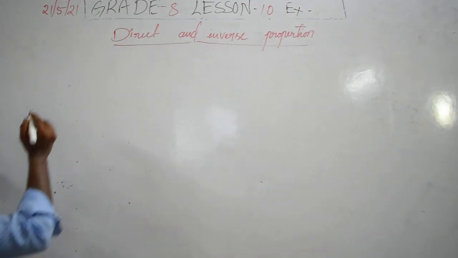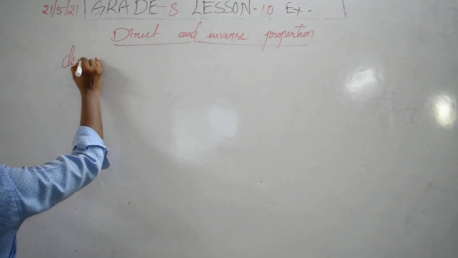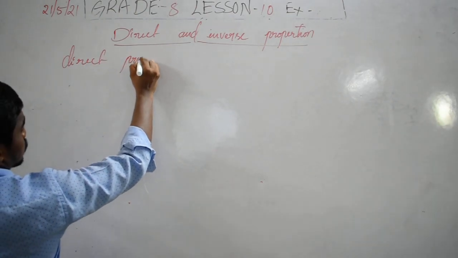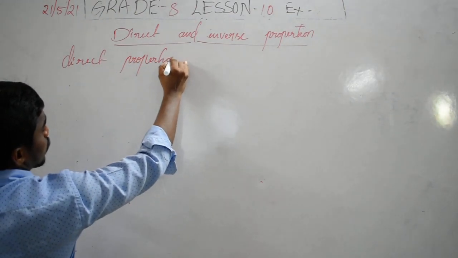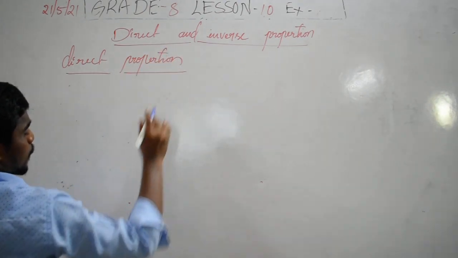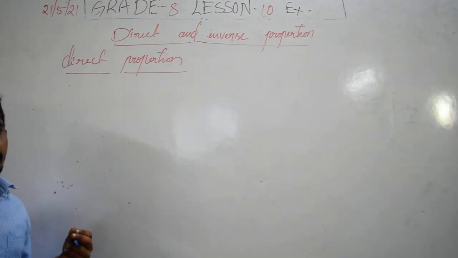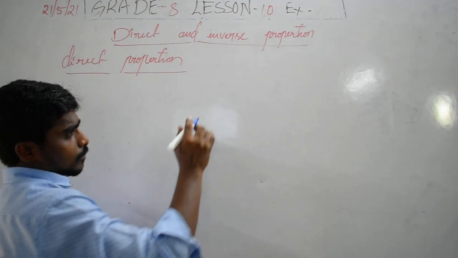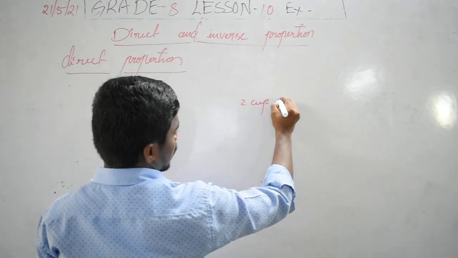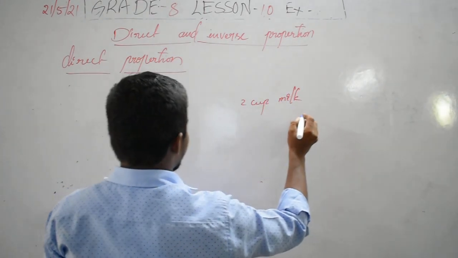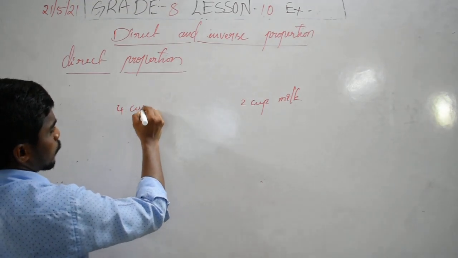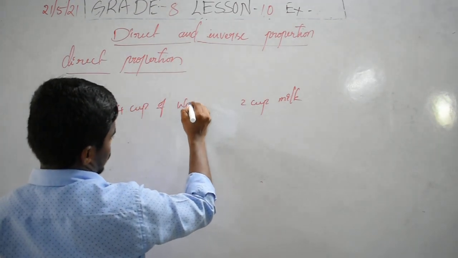Here see, direct proportion. Direct proportion means, for example, Kalyan every day in the morning prepares tea. He uses 2 cups of milk, and he needs 4 cups of water.